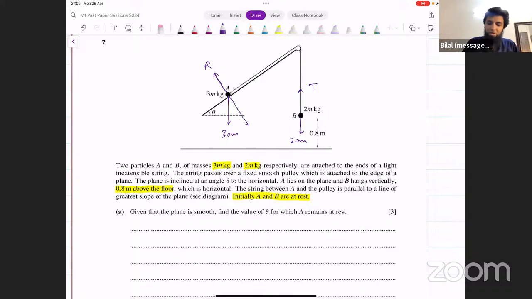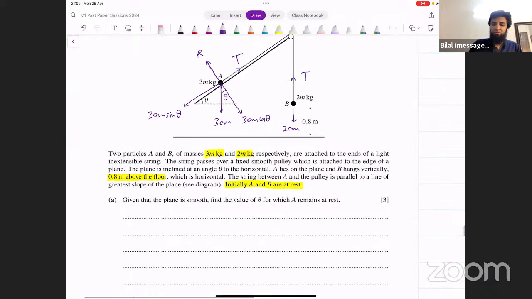But then you have components of weight, so there's also tension, by the way. If this angle is theta, this is also theta. This component of weight is going to be 30m cos theta, and the other one is going to be 30m sine theta. Now we just equate opposite forces. T equals 20m, and from here, T equals 30m sine theta.